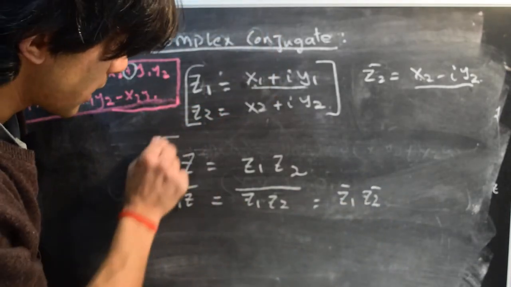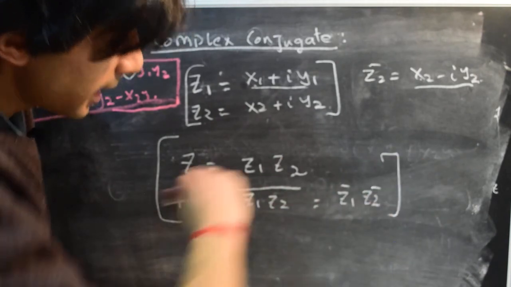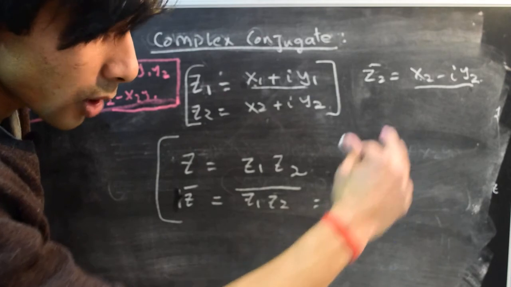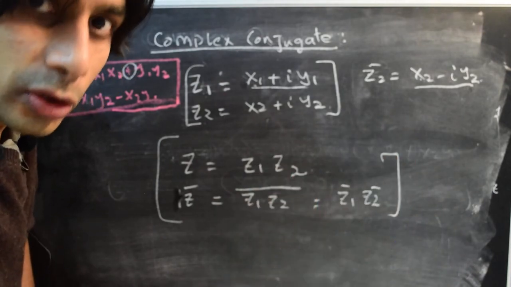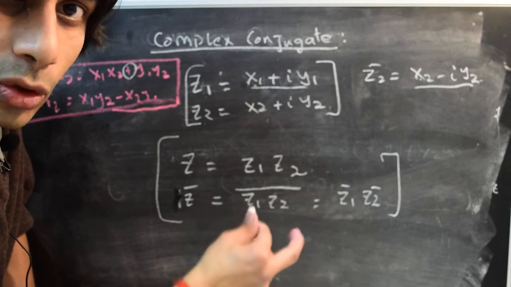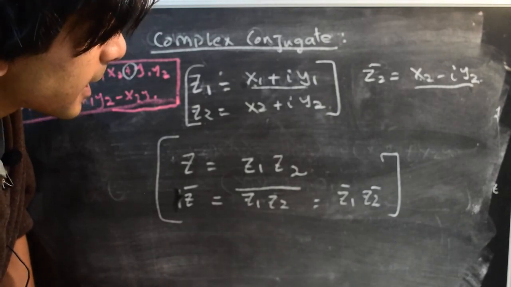This is an interesting exercise that one can check. If we have a product of multiple complex variables, the conjugate of the product is nothing but the product of the conjugates. This is something I just used quickly to go from z to z bar, but it's a good thing to check for once.